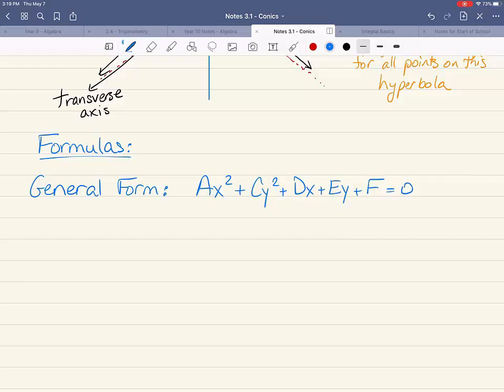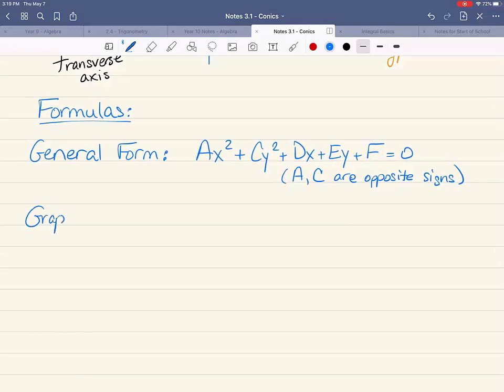All the letters are capital except for the x and the y. But the thing that makes it a hyperbola is that A and C are opposite signs. If you saw an equation in the general form and you noticed that A was positive and C was negative or vice versa, that is an automatic indicator that that is the equation of a hyperbola. That's how you know.